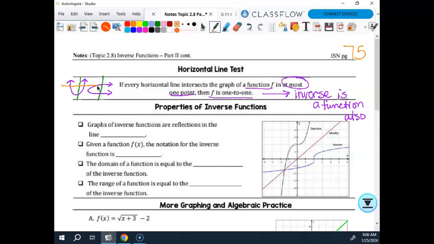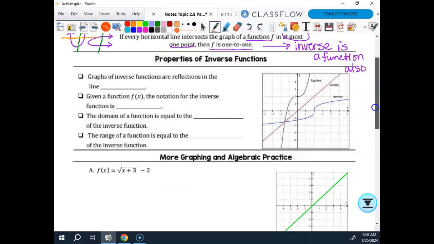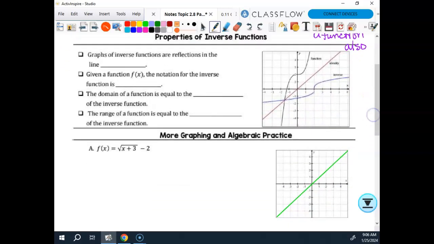Okay. So now let's talk back through some properties of our inverse functions. So graphs of inverse functions are reflections in which line? Y equals x. So over here on this graph, this is the line of y equals x.